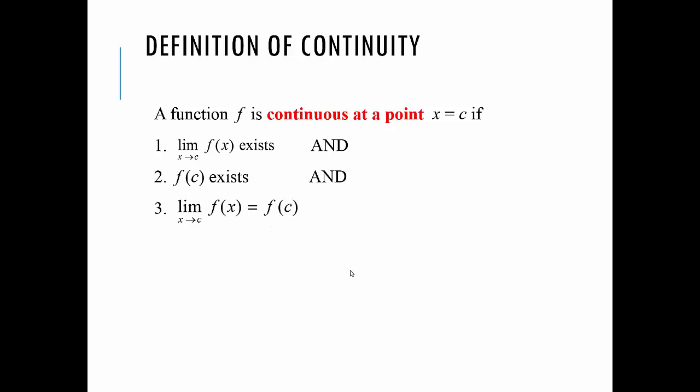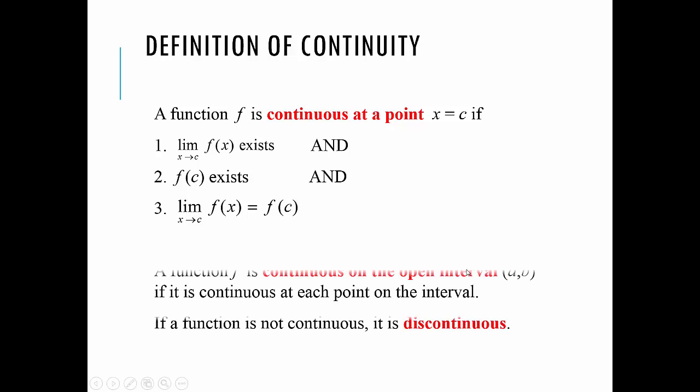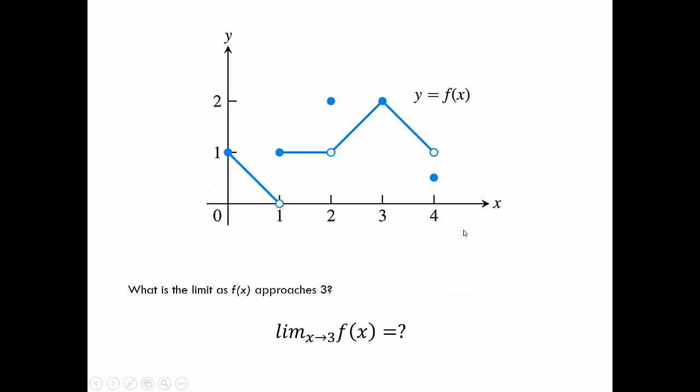So this is important because it's a way for you to tell how you can tell if a function is continuous at a point: find the limit, find the value of the function at that point, and if they're the same, then it's continuous. A function is continuous on some open interval if it is continuous at each point on the interval, and of course if it's not continuous, we call it discontinuous.